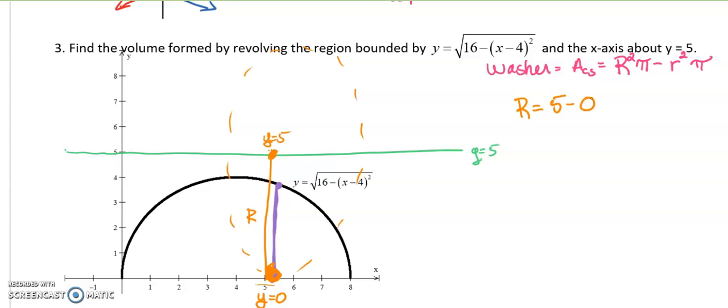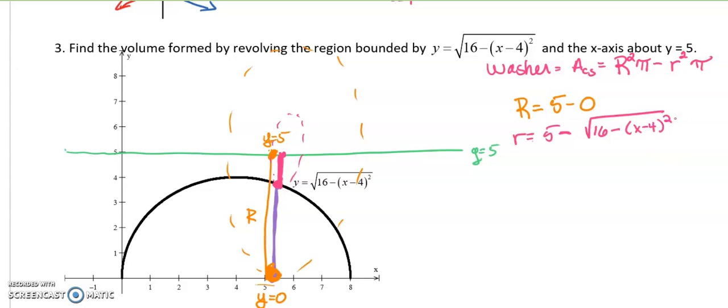So big R turns out to be 5 minus 0. Now we need to figure out little r. Little r is the point in the little sliver that is closest to the axis of revolution. That is the pink point. And when I think about revolving that around there, that creates that inner circle or that space. And again, I have to connect it to a point on the axis of revolution. So my little r is going to be 5 minus the square root of the quantity 16 minus (x minus 4) quantity squared.